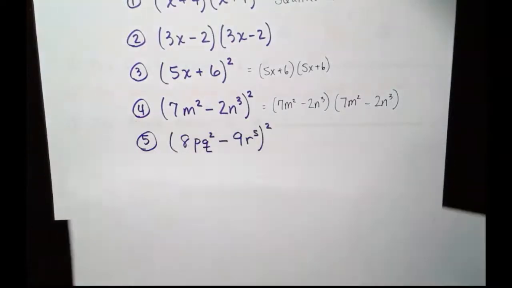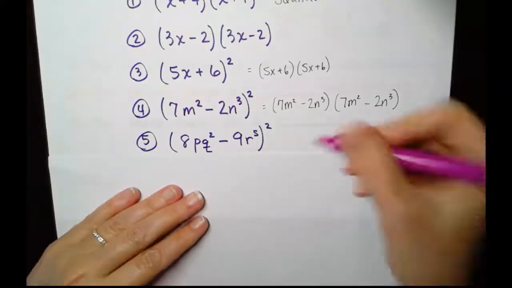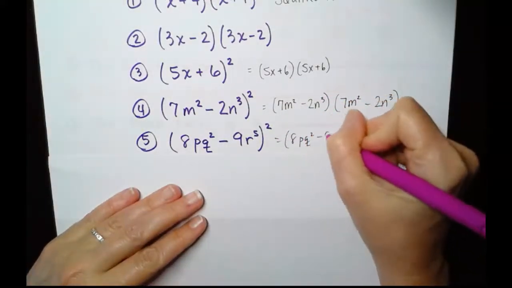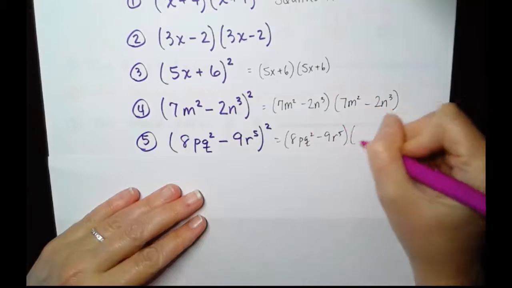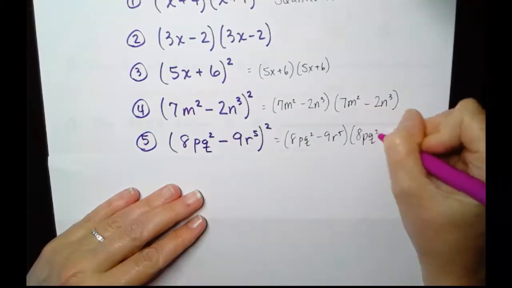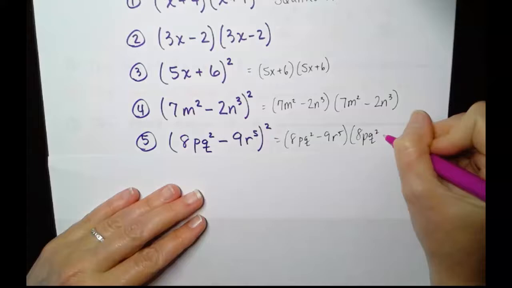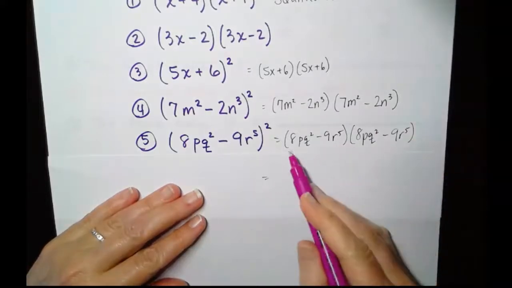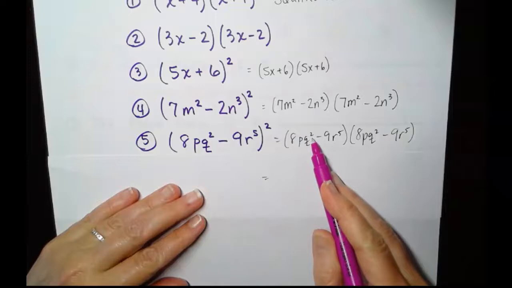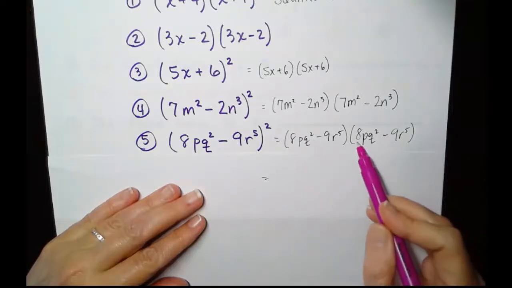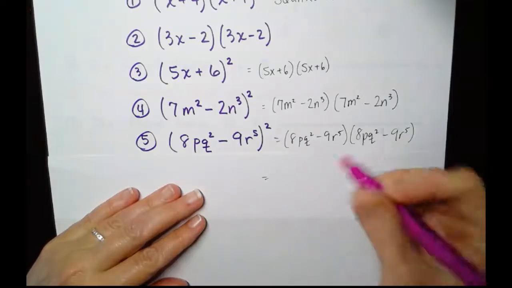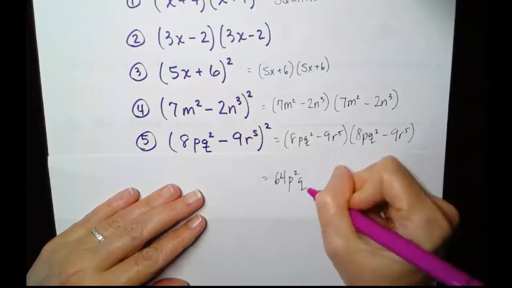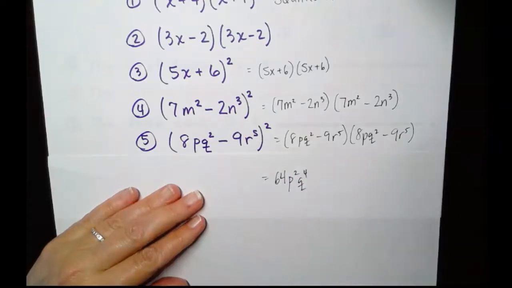Last warm-up problem, similar problem. Remember, write it twice and use the FOIL technique in order to simplify to get this perfect square trinomial. So 8pq squared times 8pq squared is 64p squared q to the fourth. Add those exponents together.